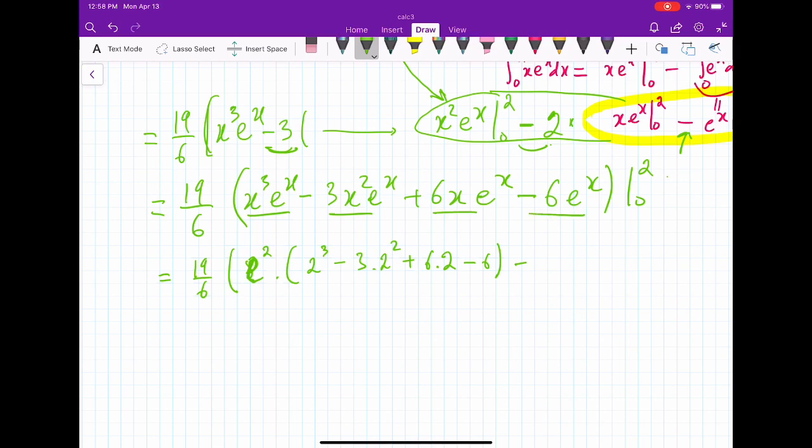At 0 I have just plus 6e to 0, which is 1, right? So overall I get 19/6 e squared over 3, and then plus 1, which is approximately equal to 65.797.